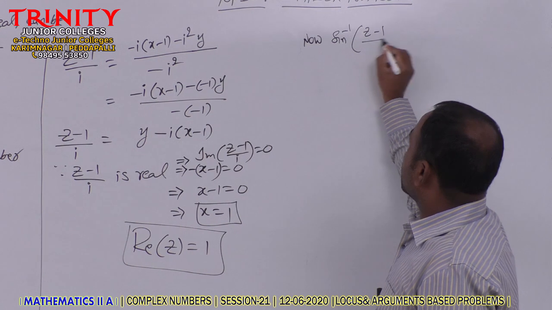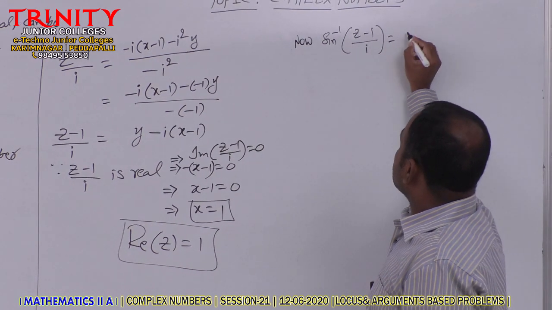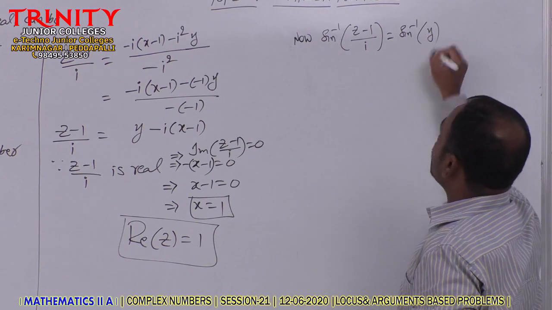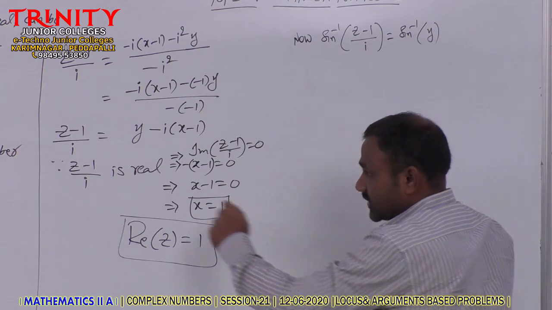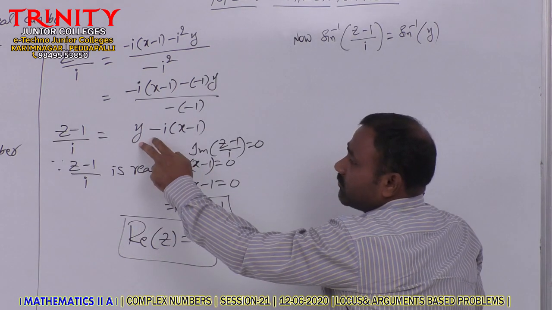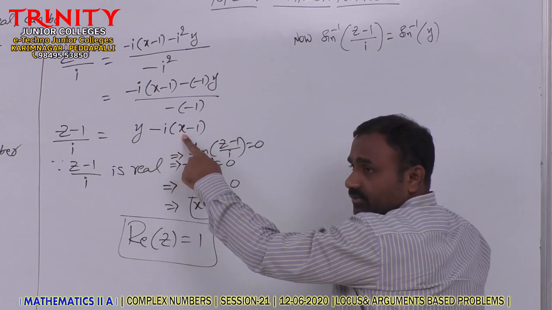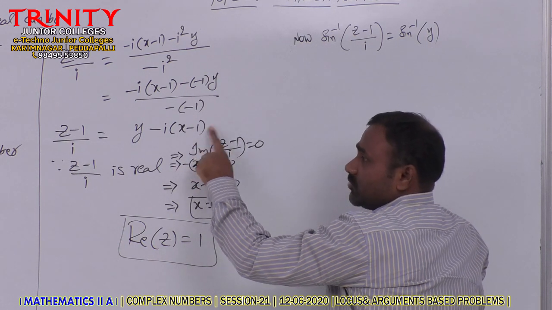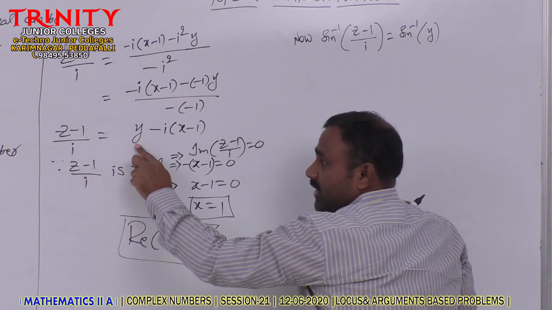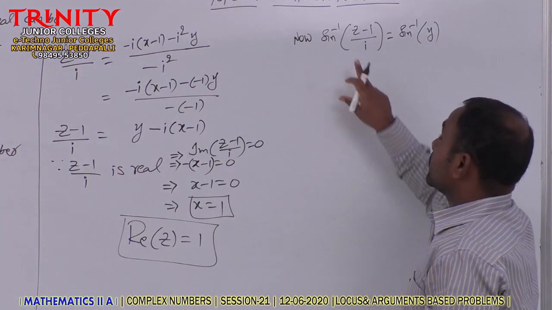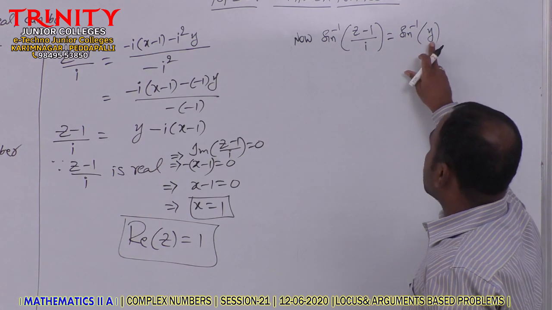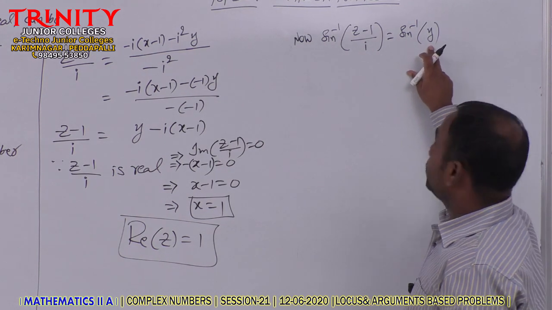Can I write sine inverse of y only? Why? Because z minus 1 by i is equal to y minus i of x minus 1. Then x is equal to 1, this one will vanish, then the z minus 1 by i value becomes y only. That's why sine inverse of z minus 1 by i becomes sine inverse of y.